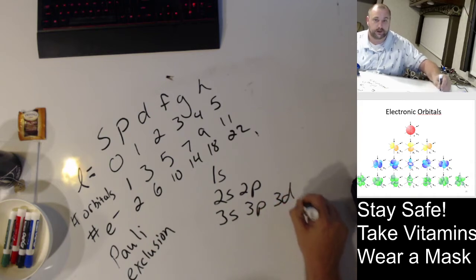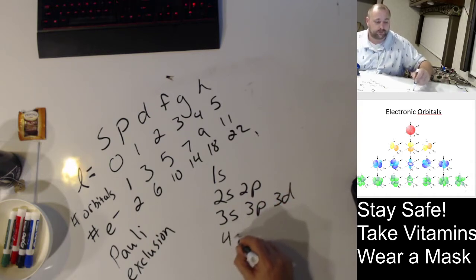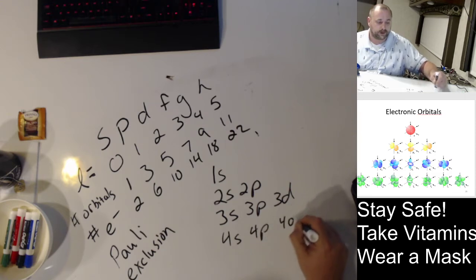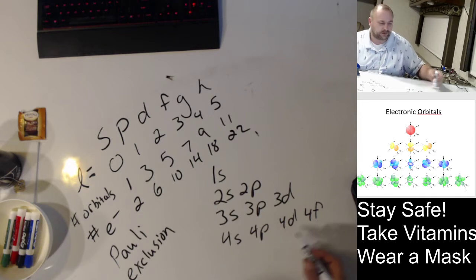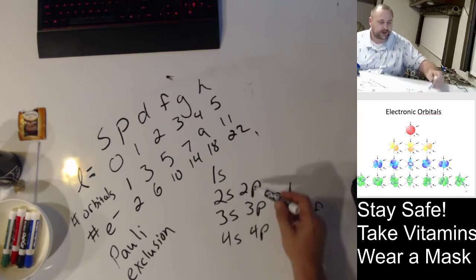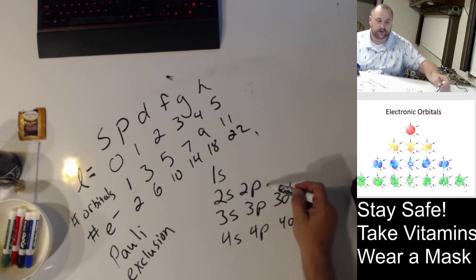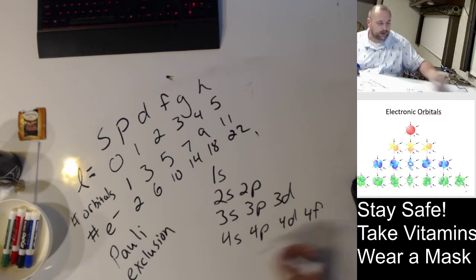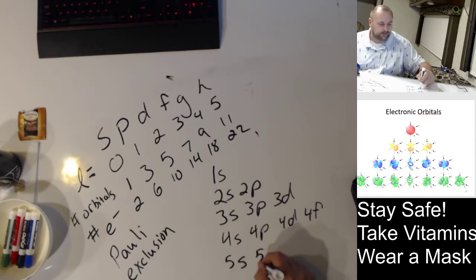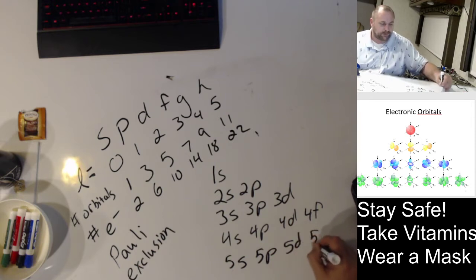3p, 3d. So when I get to 4s and 4p and 4d and 4f, and oh no, this stuff is all on the test if you wanted. It's on the back of my periodic tables, but I'll show you. You don't need to memorize all this. We just want to know there's no such thing as two d's. There's no such thing as the three f's. And as we go down, what happens when we get to the 5s and the 5p and the 5d, the 5f, and we predict the next one would be 5g out here.